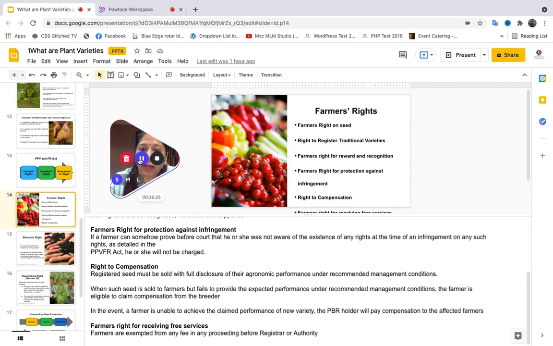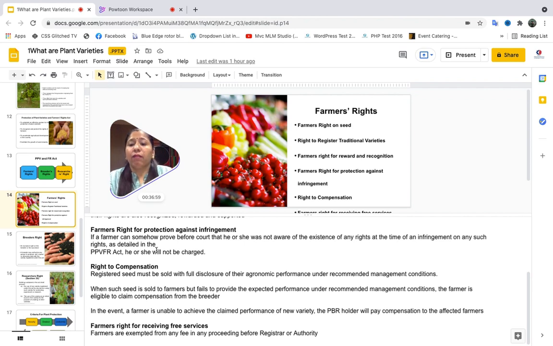Like, before sowing my seed has to be treated with XYZ chemical. And if any farmer who has bought that seed is unable to get expected performance under the recommended condition, that farmer or that breeder could ask for compensation from me. So farmers have a right to compensation in the event that a farmer is unable to get the claimed performance of a new variety.